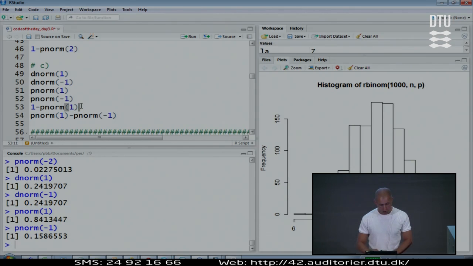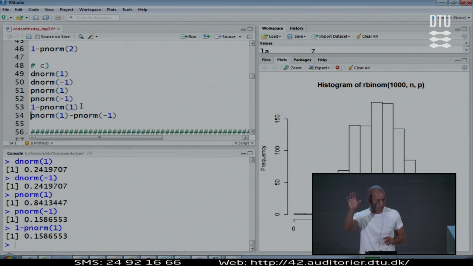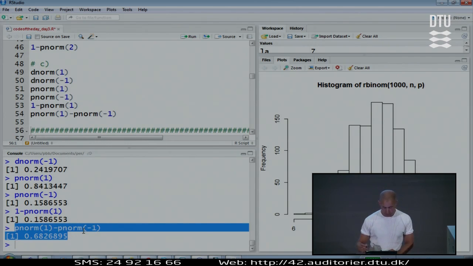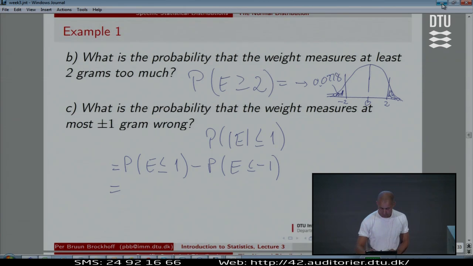But if I go to the right of 1, which is 1 minus P norm, of course I get the complementary. That's 15% something, which is the same as being left of minus 1. So left of minus 1 is the same as right of 1. That's the symmetry of it. Let's finish answering the question. If I subtract these two probabilities, I get 0.683.